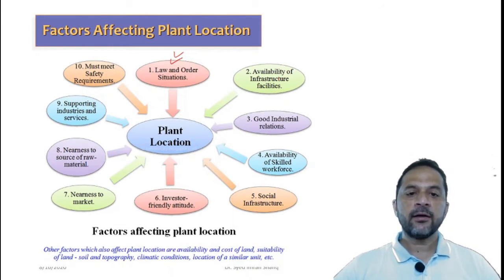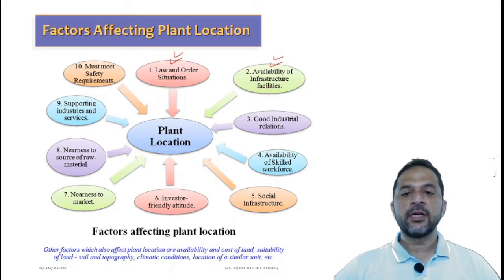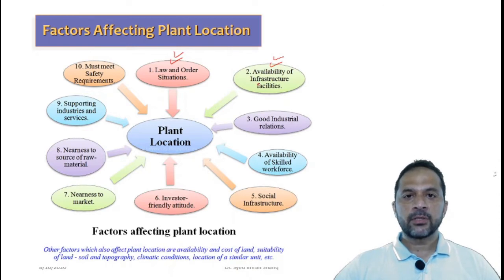The second one is availability of infrastructure facilities. If you want to set up your industry, everything should be nearby: the supply of water, electricity, and labor and everything like that. So availability of infrastructure facilities, good industrial relations.